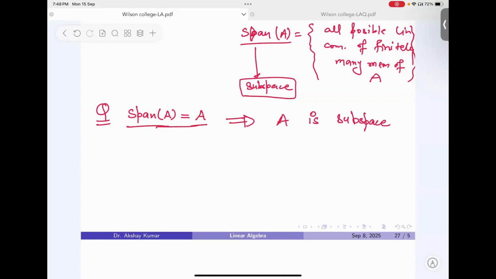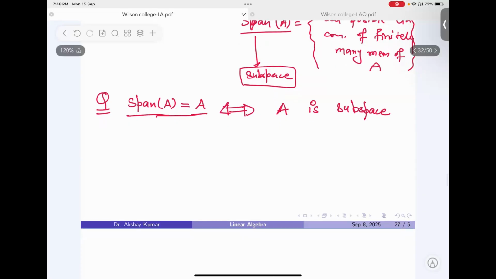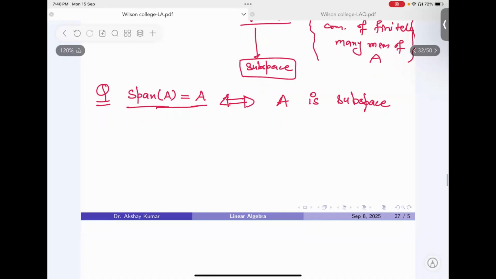Correct. And you can prove that the converse is also true. So span of A equals A if and only if A is a subspace. And the other question is, what is the span of the span of A? Because the span of A is a subspace, for the subspace case we have span equals itself, so this will be equal to the span of A.